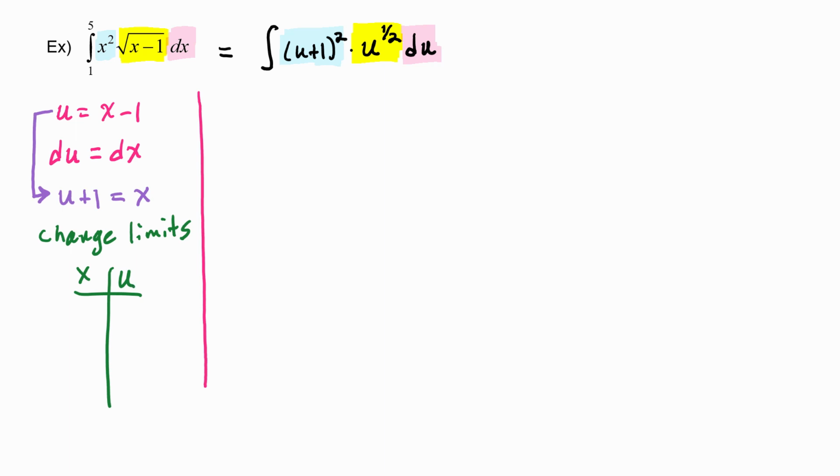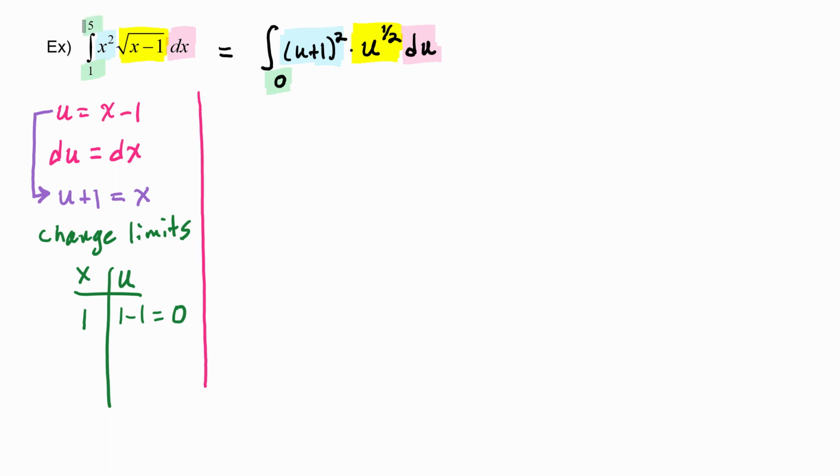We know that the lower limit for x is 1, and then for u, that's going to be 1 minus 1, which is 0. So the lower limit of 1 in the x integral changes to a lower limit of 0 in the u integral.